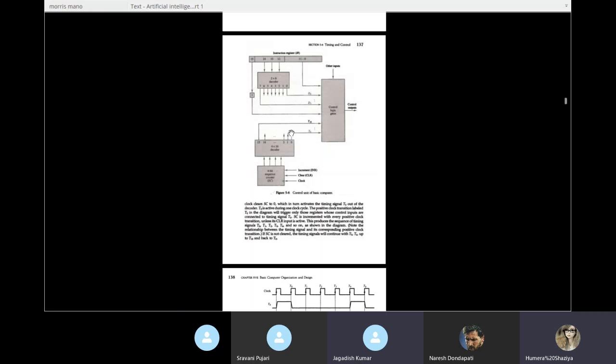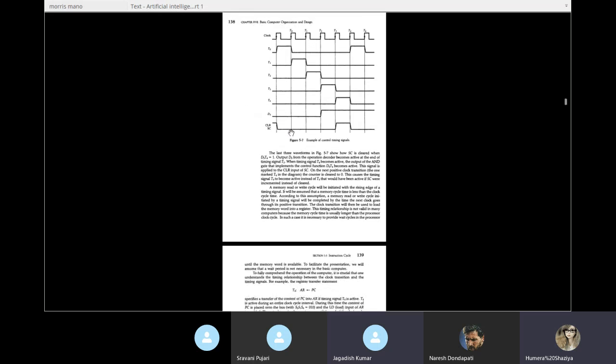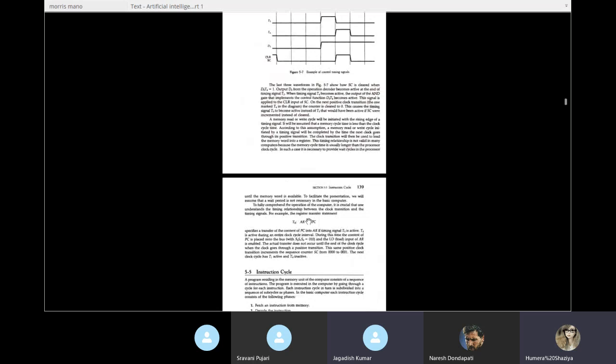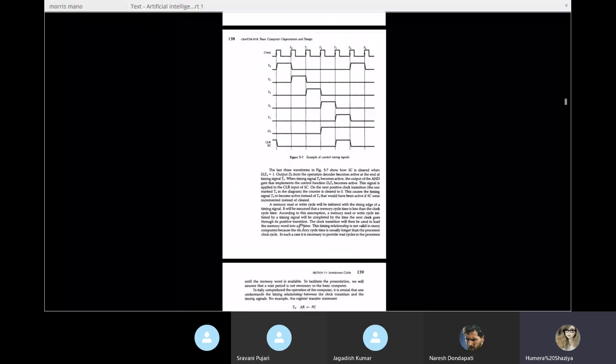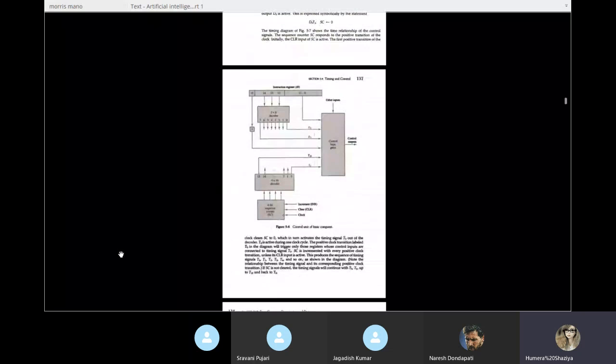What happens at time T0? As we know, when an instruction cycle is executed, at time T0 you are transferring the contents of PC into AR. This is a transfer statement. You are transferring PC into AR at T0. And at T1, what happens?